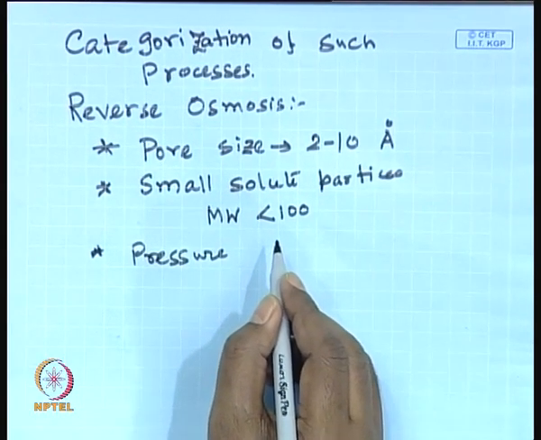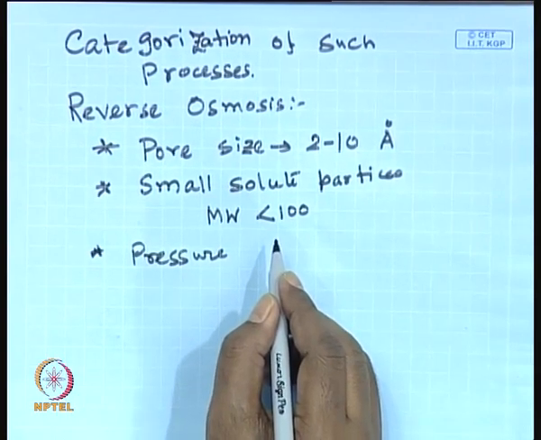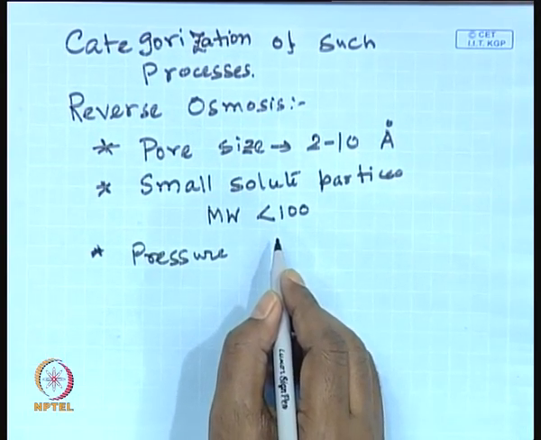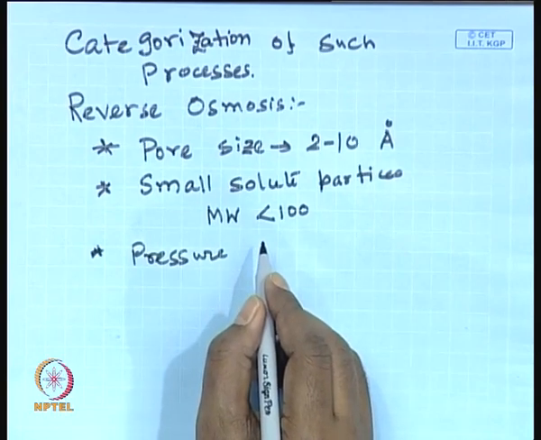We will talk about it later on, but the osmotic pressure has two characteristics. It is directly proportional to the concentration, that's why it is known as a colligative property. It is inversely proportional to the molecular weight. So, if you encounter a solute which has a very low molecular weight, its osmotic pressure becomes very high. For higher molecular weight solutes, the osmotic pressure becomes low and it is not very important.